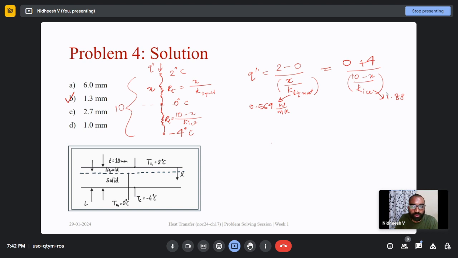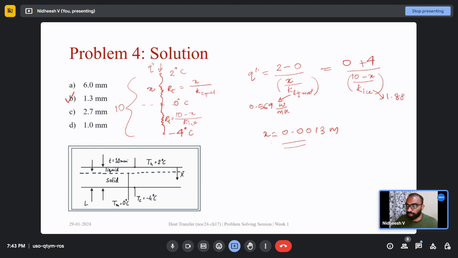Answer is around 0.0013 meters, sir. That is 1.3 millimeters, right? Yes, sir. X is equal to 0.0013 meters. Okay, then our approach is correct, and the answer is 1.3 millimeters.